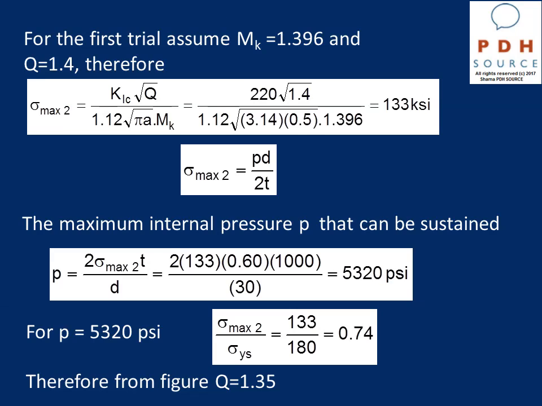Therefore, the maximum stress is equal to PD over 2t. The maximum internal pressure can be calculated as 2t multiplied by sigma maximum divided by D, equal to 5,320 psi.